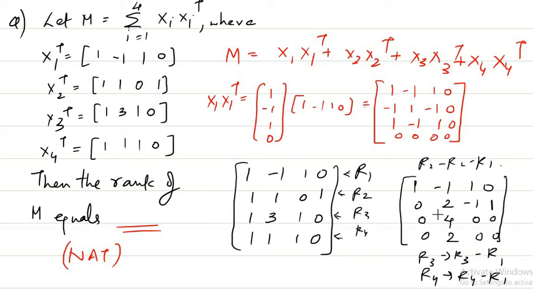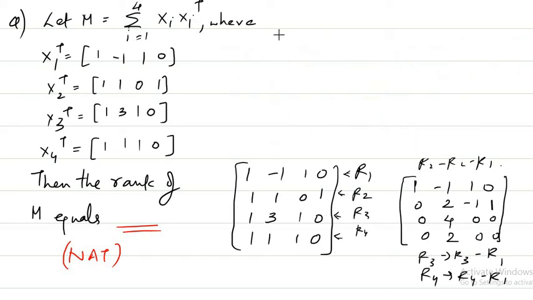Again I can apply row operations or column operations here. This is my new R1, new R2, new R3 and new R4. I'll reduce my new R4 to be R4 minus half times R3.